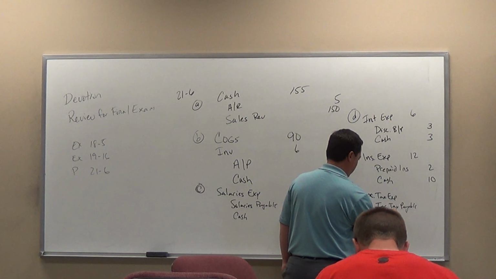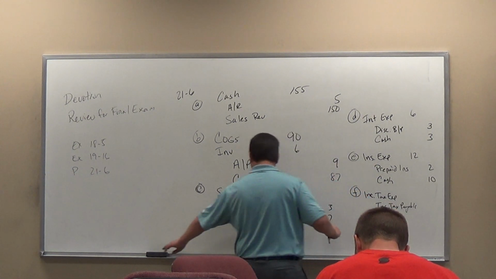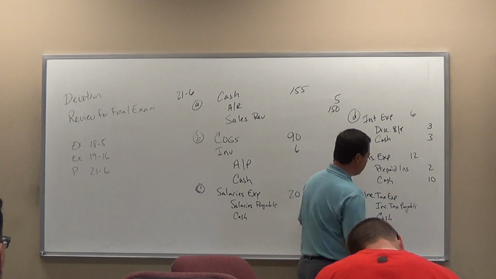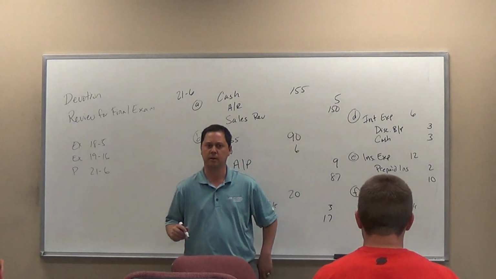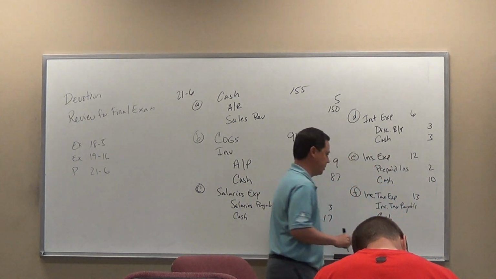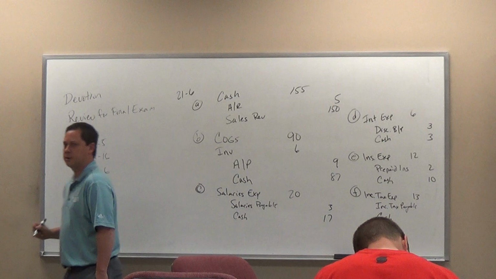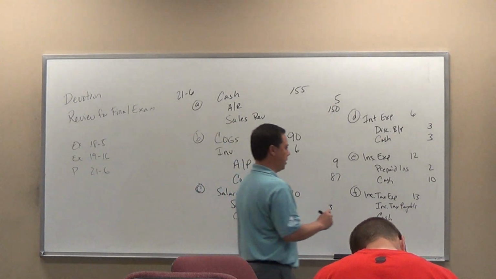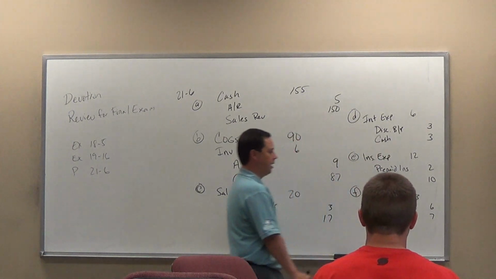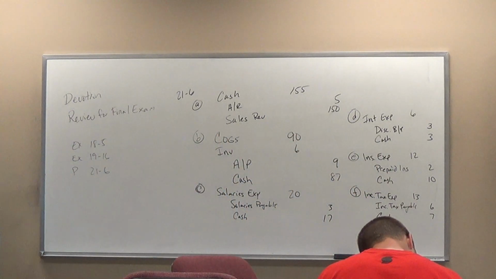What's our income tax expense? 13. All right. What was our income tax payable? 6. Decrease. That means we took some of it out of there, so we're crediting that, and that means our cash is 7.